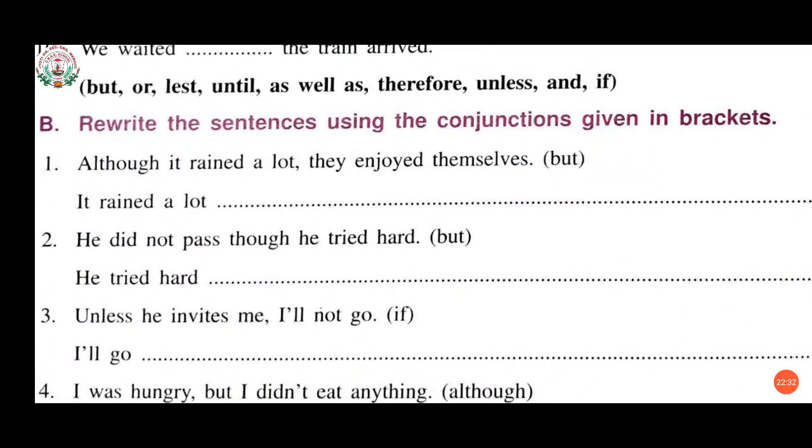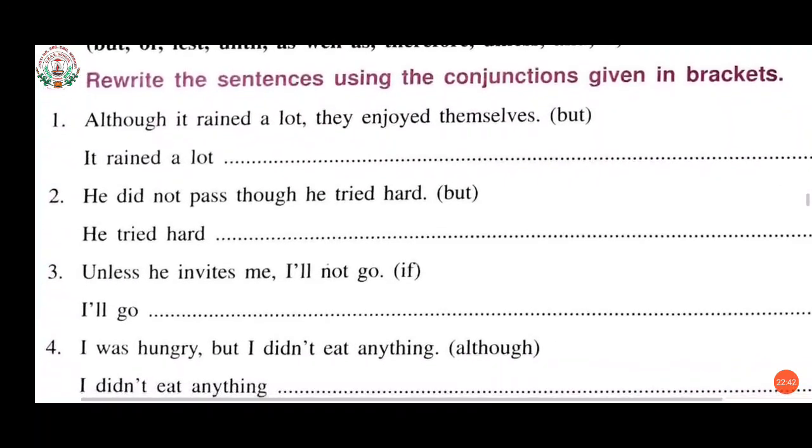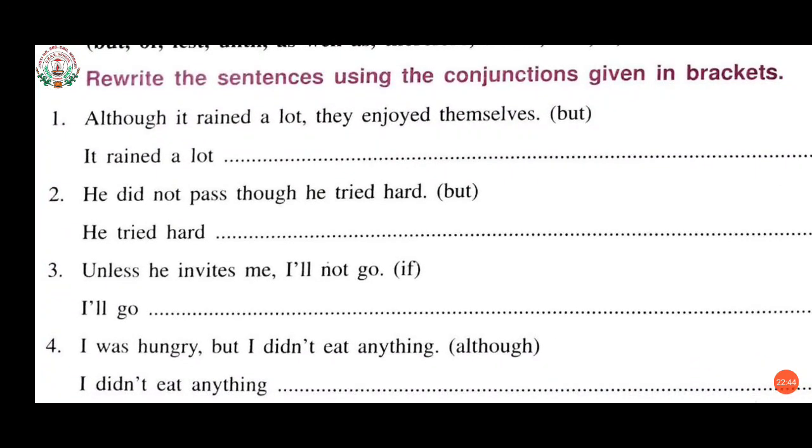Now part B is to rewrite the sentences using the conjunctions given in brackets. So the first one: although it rained a lot, they enjoyed themselves.